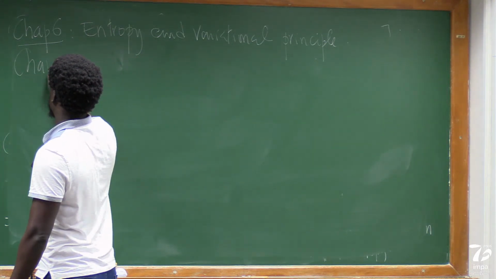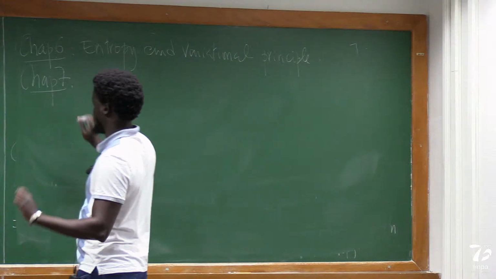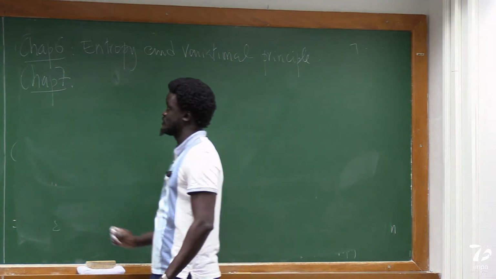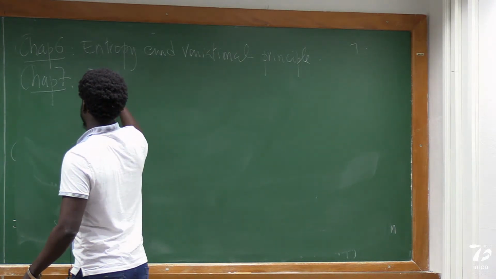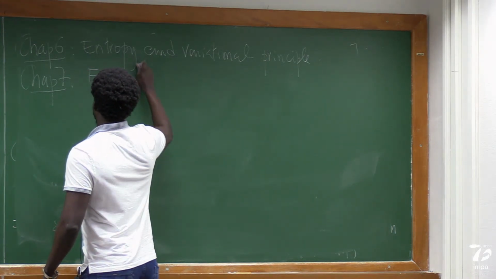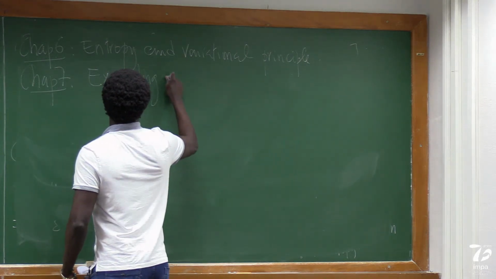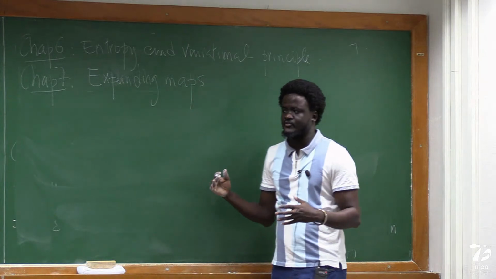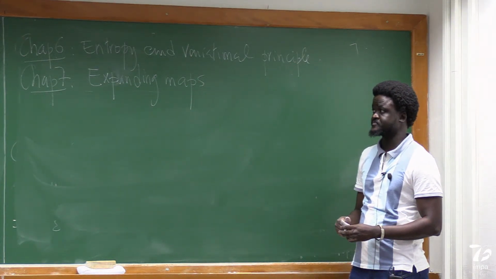And chapter 7, which is the last chapter, I hope we will get to there. Otherwise, we might organize a presentation for this one. We will study expanding maps. This is a prototype of chaotic system.